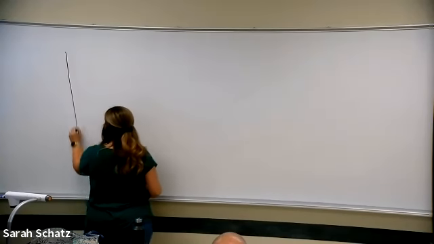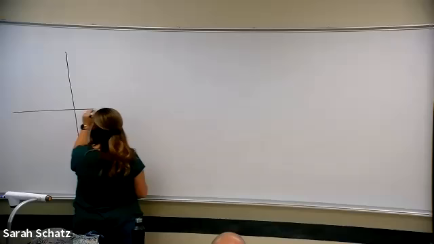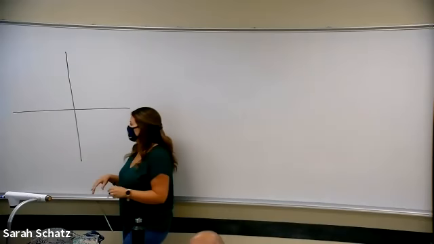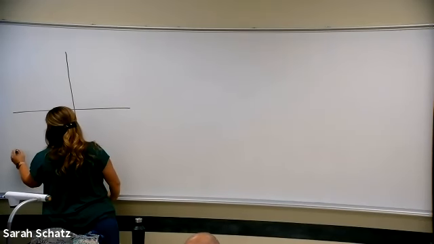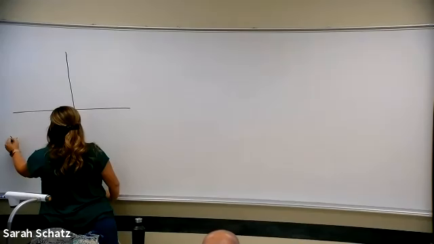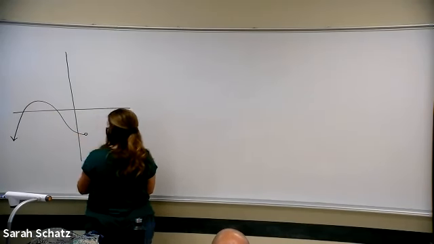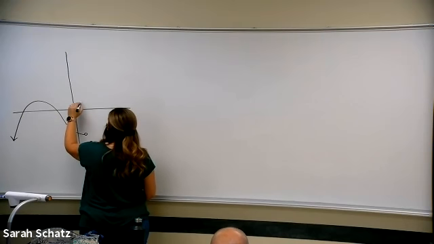So I'm going to draw a graph similar to what I did last time. We've got this here, and I'm going to make it a little squiggly. I'm going to put one of those holes in it and a jump.